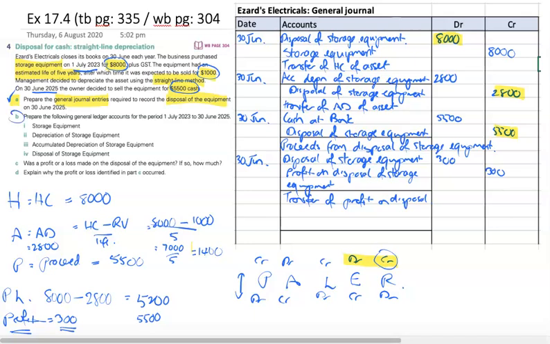Part B asks us to consider what our ledger accounts look like. Part C asks us to think, was this a profit or loss? Now, clearly, we've already done this in working out our profit here, and part D asks to explain why it was a profit or loss.